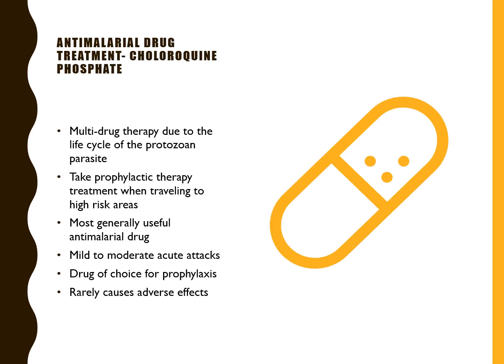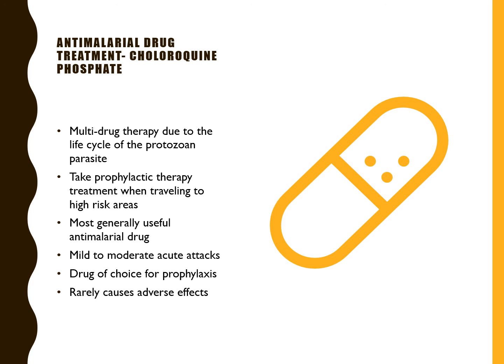Okay, so our anti-malarial drug treatment, it's not the same as TB treatment, but I want you to remember that also you should expect the patient to experience multi-drug therapy when they're being treated for malaria, and that's due to the life cycle of the protozoan parasite, which is really kind of icky to think about.